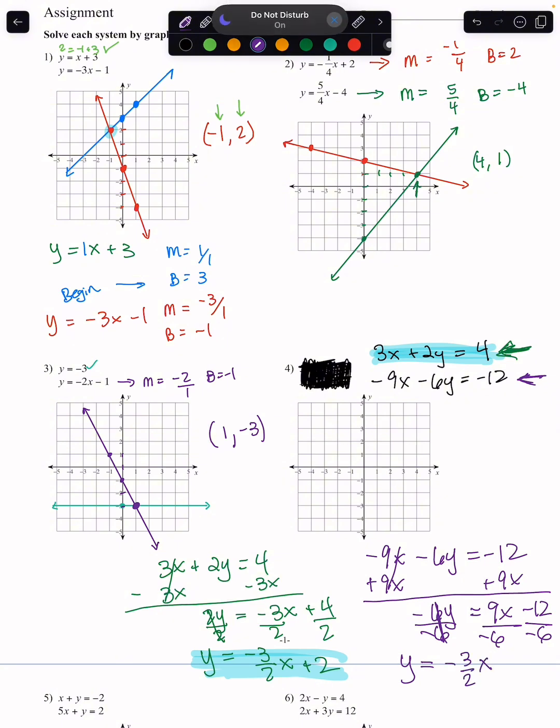So let's go ahead and highlight that so you can see where that came from. Let's do this one green. So this converted to this down here. What do you notice about those two? When you convert them and they're the same exact equation, that means that they're the same exact line. So our answer to this is all real numbers.